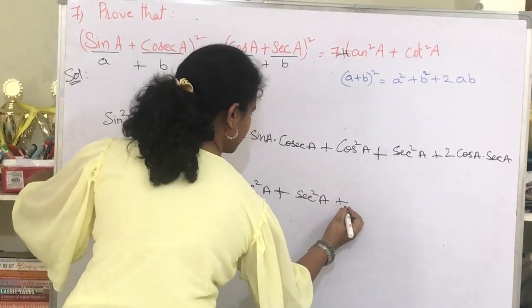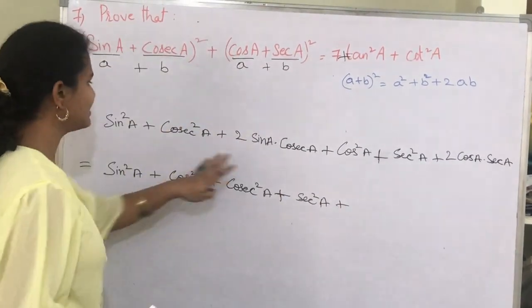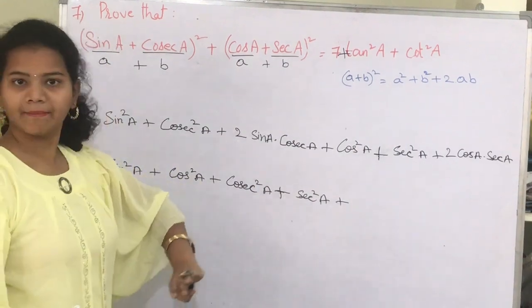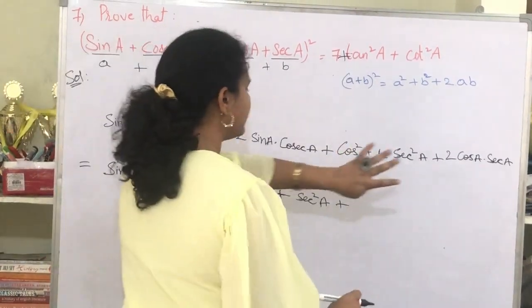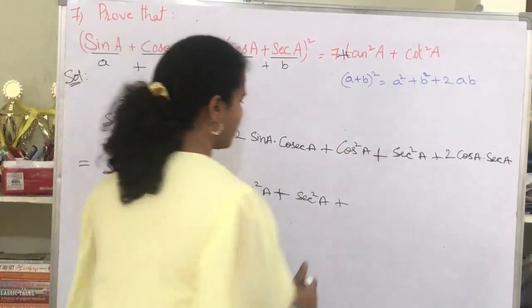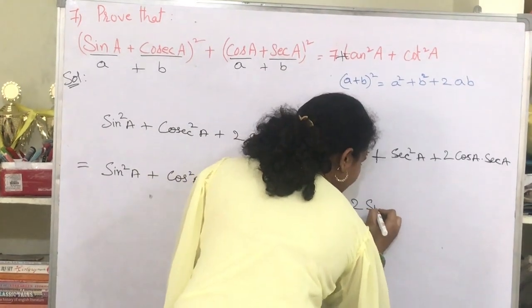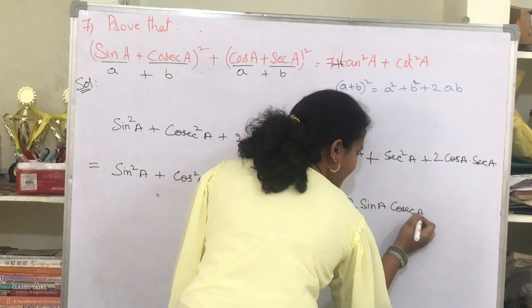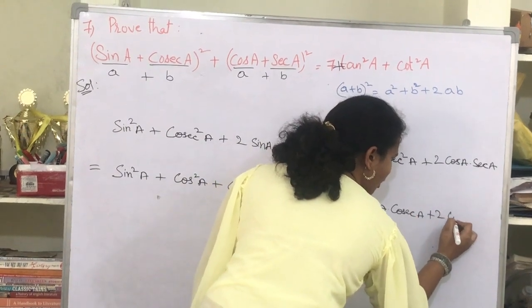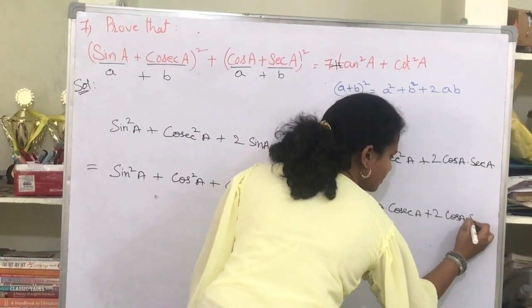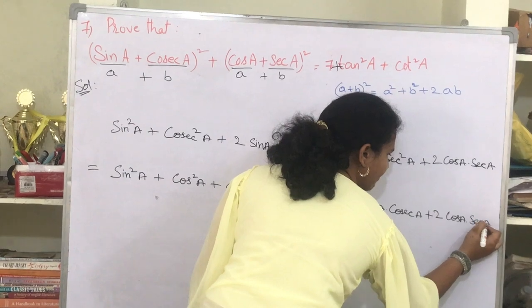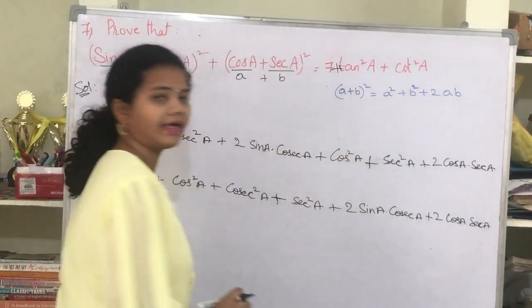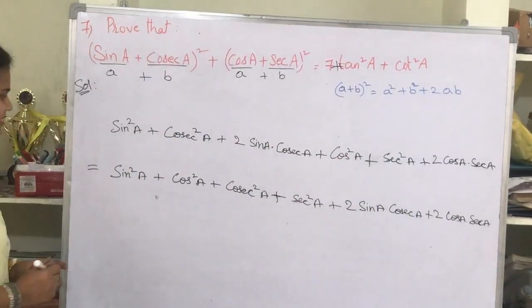Now plus 2 sin A into cosecant A plus 2 cos A into secant A. Now we have rearranged this.